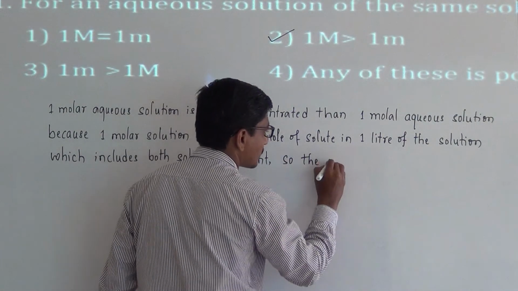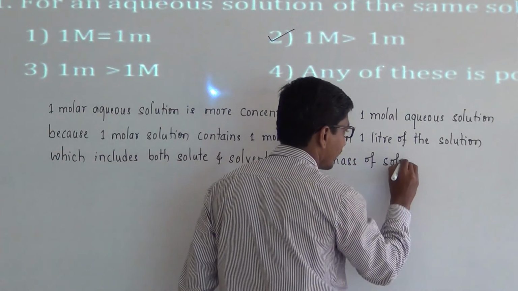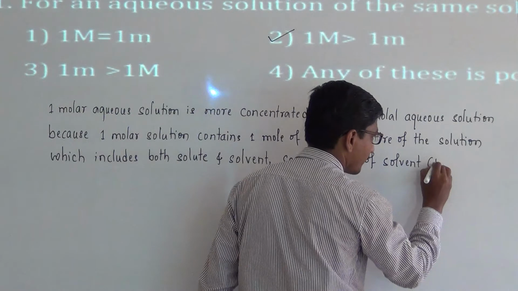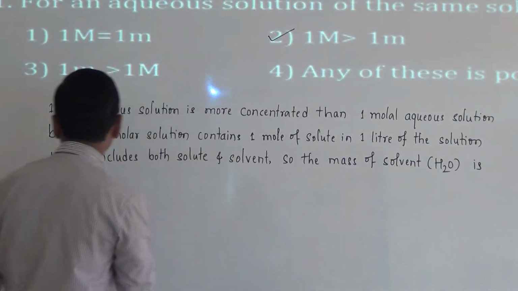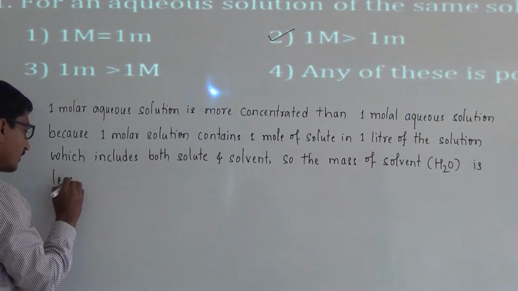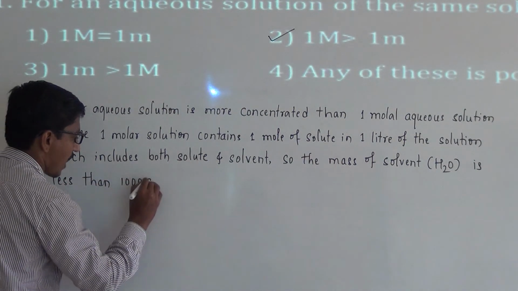So the mass of solvent is water. Mass of solvent is less than 1000 grams.